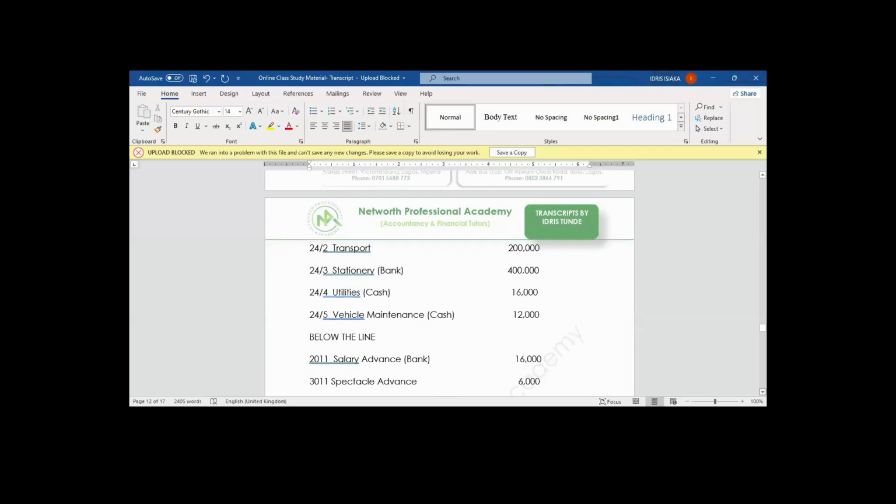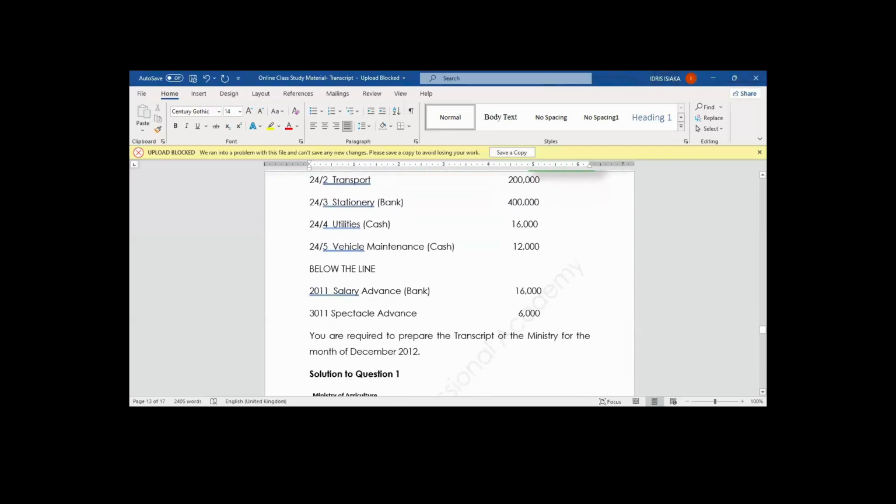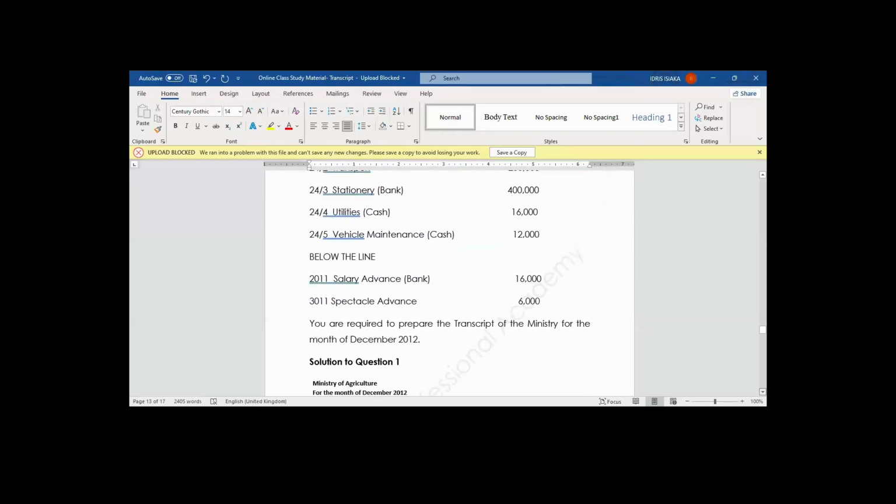Below the line, 2011, salary advance, bank 16,000 naira. 30/11, spectacle advance, 6,000 naira. You are required to prepare the transcript of the ministry for the month of December 2012. Thank you very much.